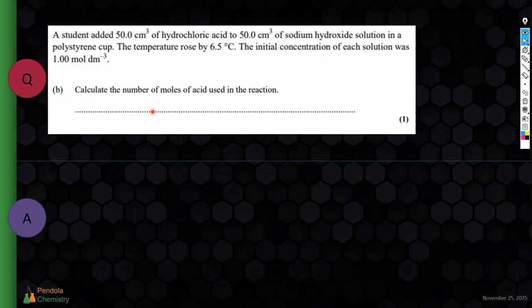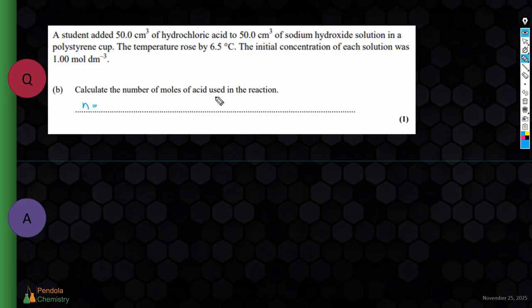This makes sense because the last step that we just discussed requires us to divide by the number of moles of the reactant. HCl is one of the reactants here. So more than likely what we're being asked for is to calculate that n that we're going to use later on. So essentially, what is n equal to?